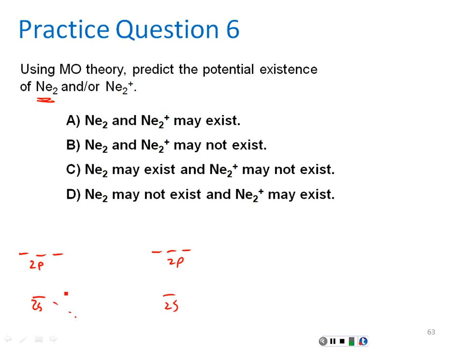So these mix. You get a sigma 1s, sigma 2s, sigma star 2s. Now you have to remember that neon has no sp mixing.